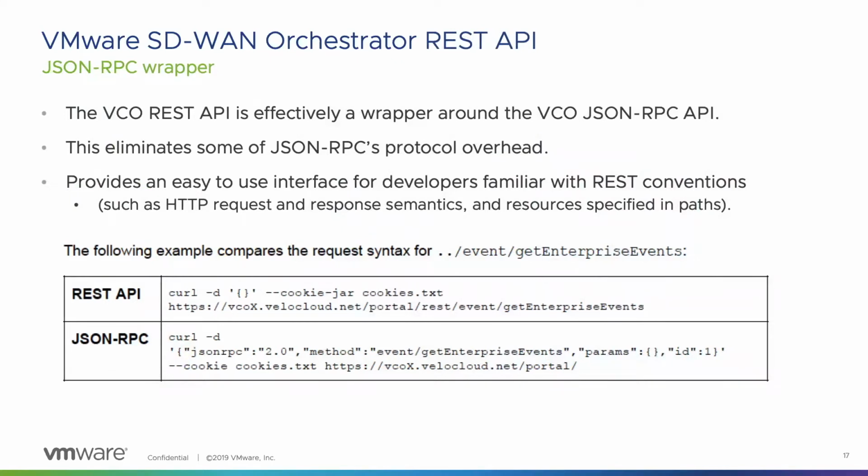And in our API, what we typically do is just make a call to the URL portal, and inside the body, we actually have the method described in the parameters. It makes it easy to wrap those JSON RPC calls, because that's actually the language you use to communicate between our devices, right?